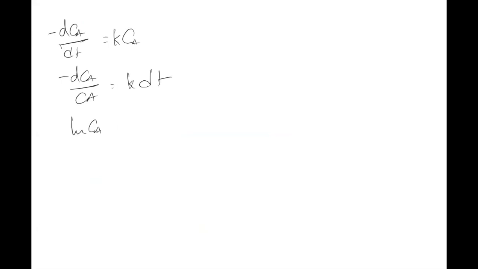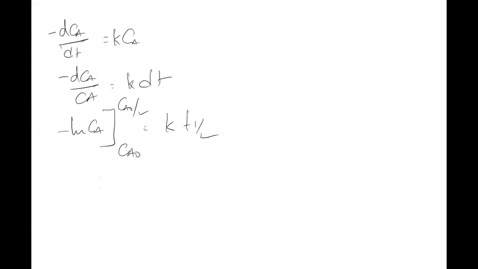So for n equal to 1, how do you write it? Minus dCA by dt is equal to k into Ca. So minus dCA by Ca is equal to k into dt. If you write ln Ca with the limits of Ca naught to Ca naught by 2, it is equal to k into t half.